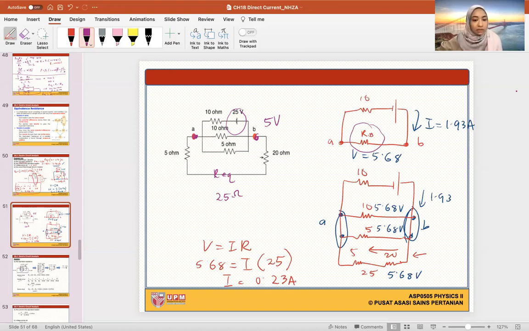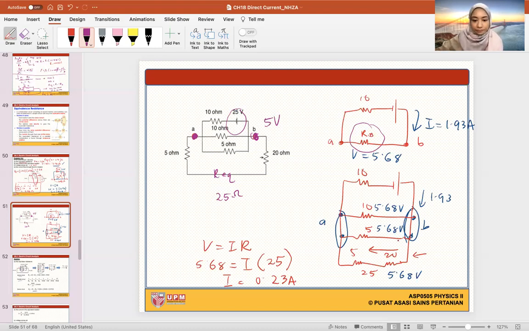It does not change because it is still in between A and B. As long as this is between A and B, which is what I calculated before, the voltage between A and B is 5. As long as they are still in AB, they will have 5 volts. Doesn't change.